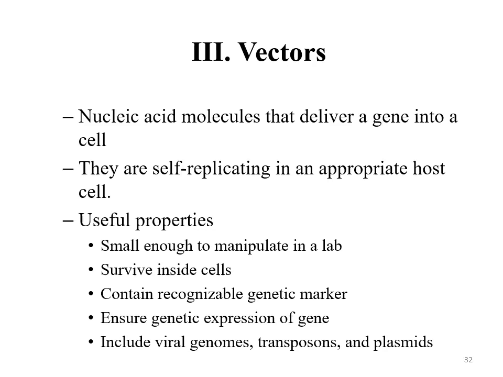So these vectors include viral genomes, transposons, and plasmids. In these, the transposons are small DNA stretches or fragments, while the genome and plasmids are general terms for the DNA material.